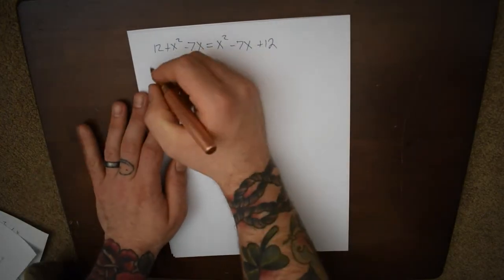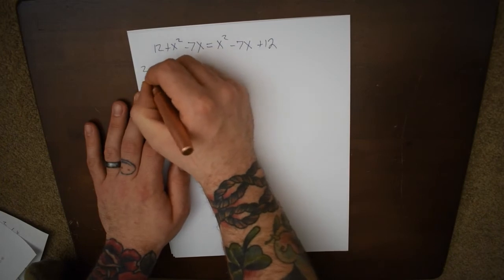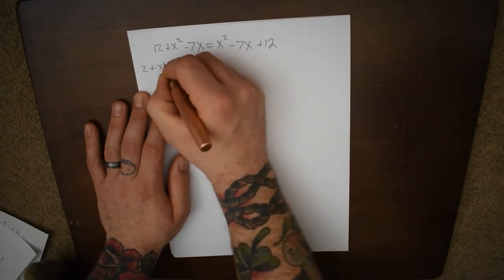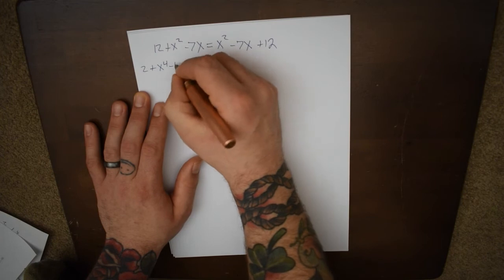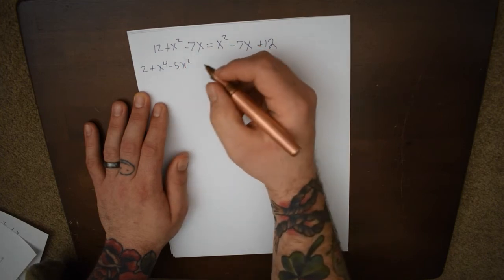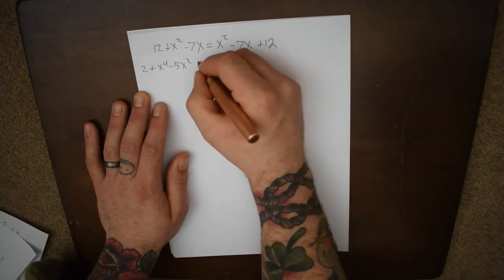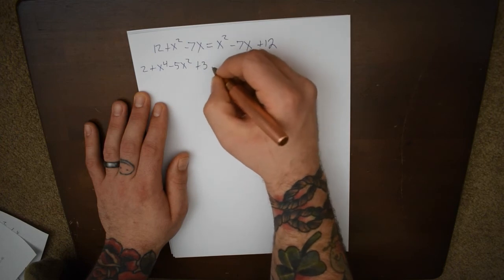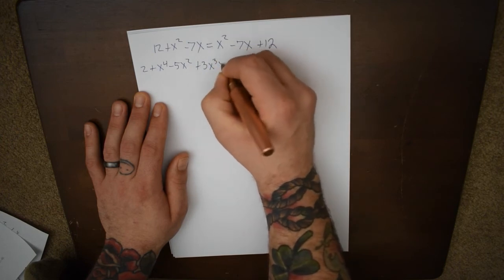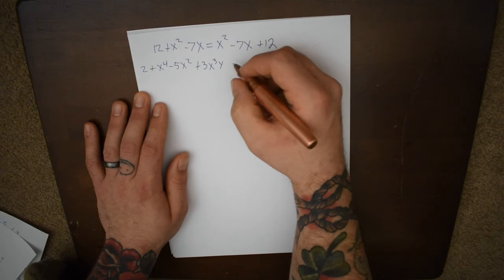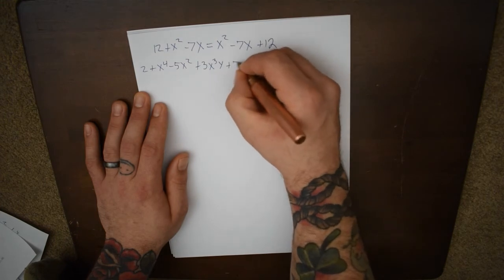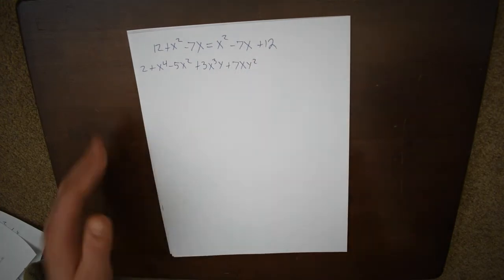If we say had 2 plus x to the 4th minus 5x squared plus 3x cubed y plus 7x y squared.